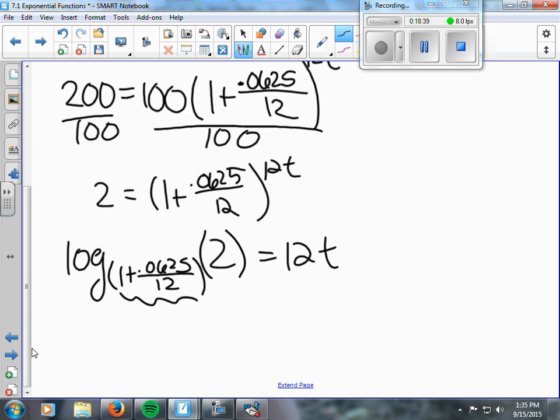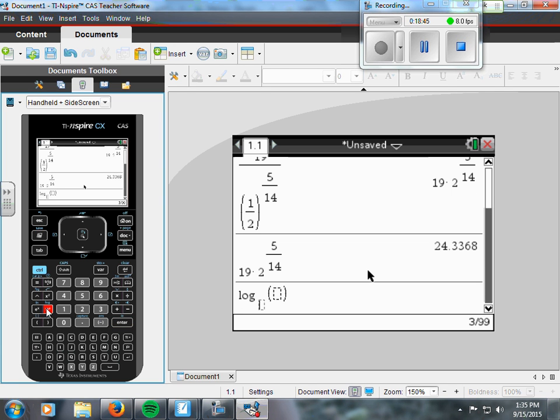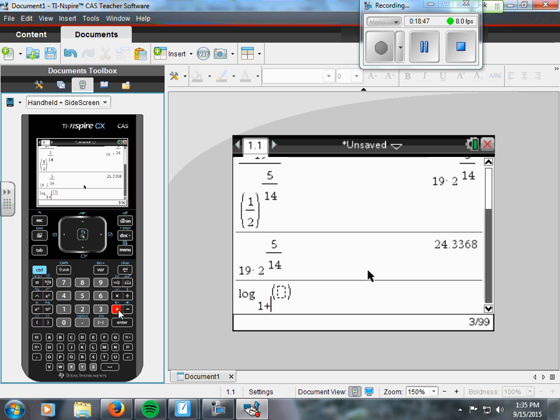So here's my calculator. I'm going to do the log base 1 plus 0.0625 divided by 12, notice how I don't round anything, of 2. And then that gets times by 12. Oh no, it got divided by 12, didn't it?